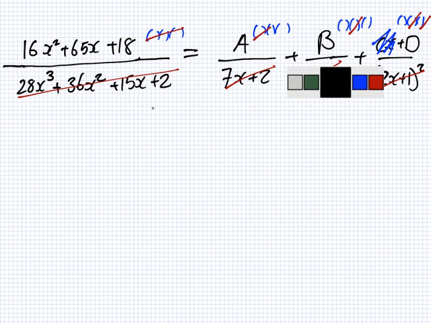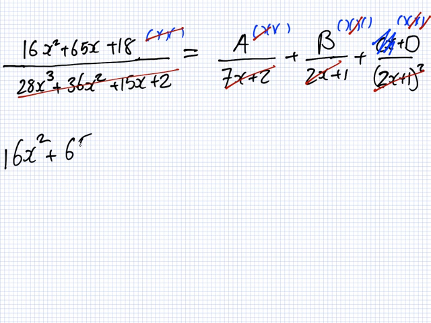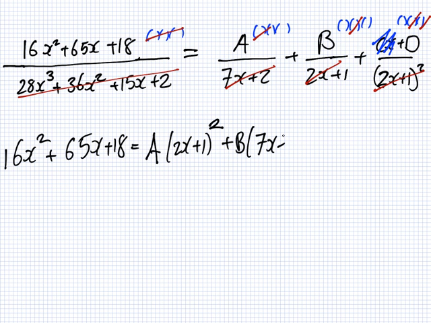So I'm just left with 16x squared plus 65x plus 18 equals A, 2x plus 1, 2x plus 1, plus B, 7x plus 2, 2x plus 1, plus D, the first one, 7x plus 2.